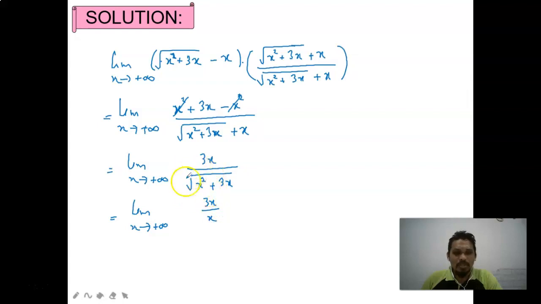We consider the highest degree of x in the denominator equal to x, because the square root of x squared equals the absolute value of x. So now it becomes 3x divided by x, divided by the square root of x squared divided by x squared plus 3x divided by x squared.